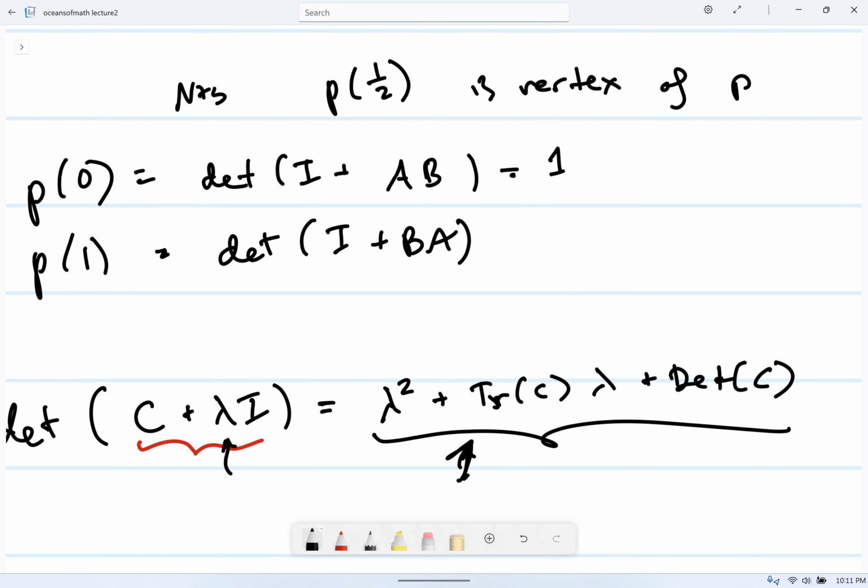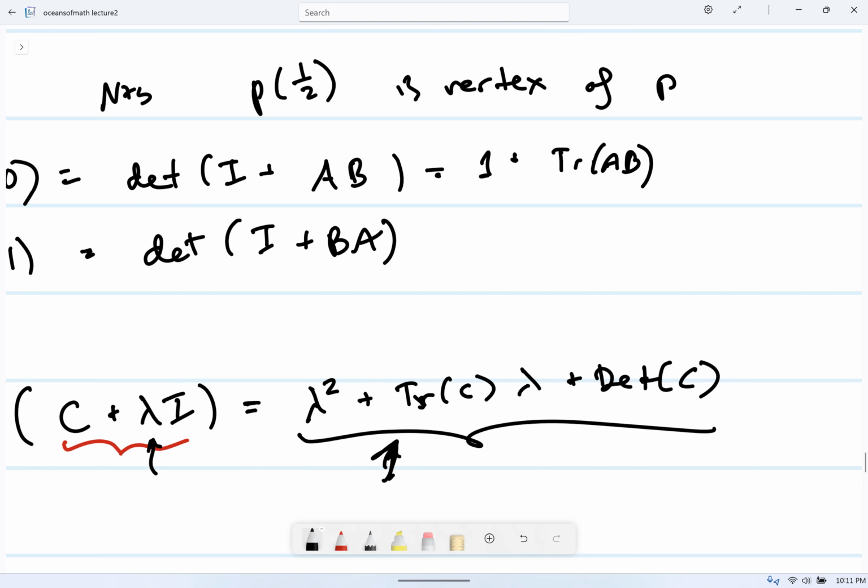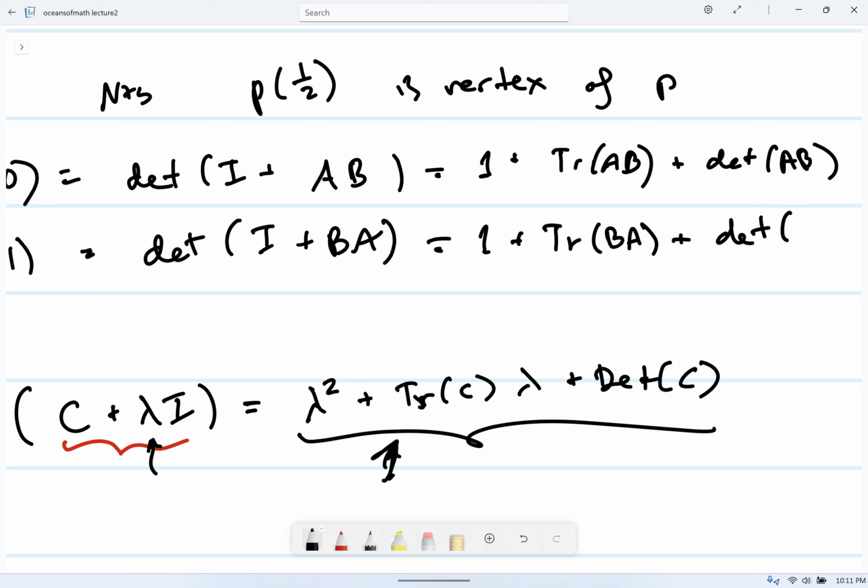So it's basically going to have the form of 1 plus trace of AB plus determinant of AB. And this guy will have the form 1 plus trace of BA plus the determinant of BA.